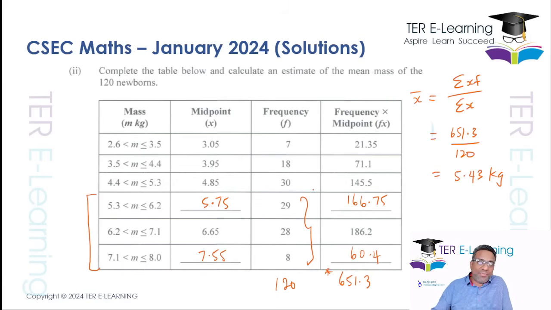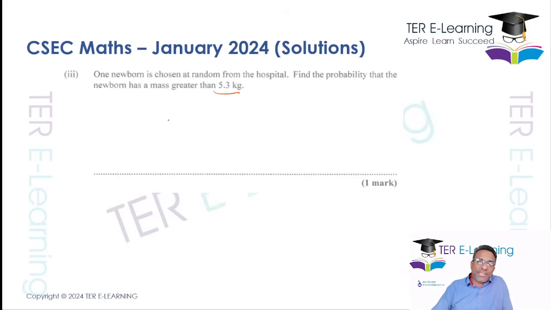You're going to get 65. So 65 babies have a mass greater than that. So that probability is going to be 65 over 120. You can leave your answer as a fraction, or you can reduce it if it can be reduced. So you can give it as 13 over 24, or you can put it as a decimal if you want to.